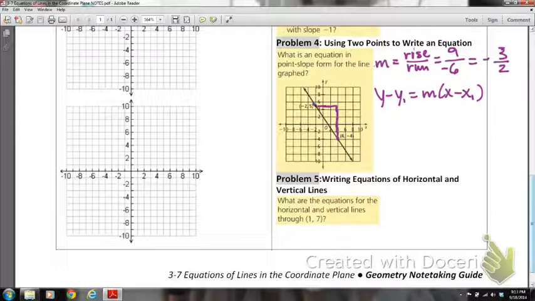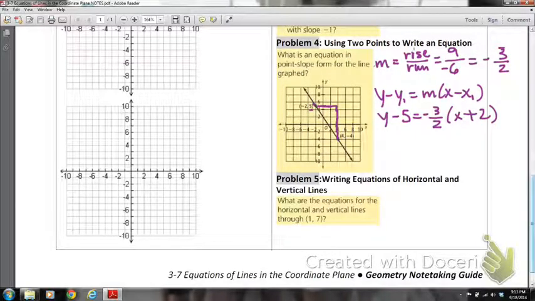If I substitute in 5 for the y sub 1, I've got y minus 5. I'm putting in the negative 3/2 that we calculated for the slope, and then the x-coordinate is a negative 2, so x minus a negative 2 is x plus 2.